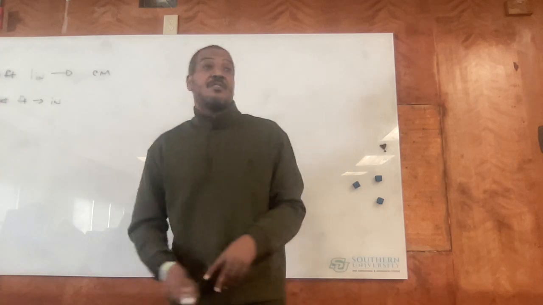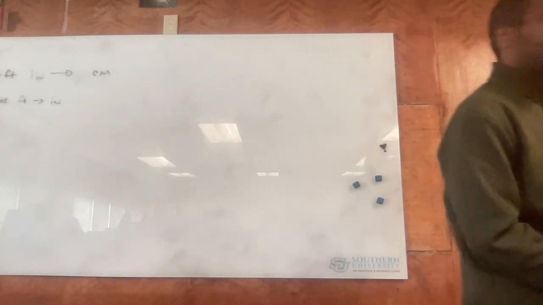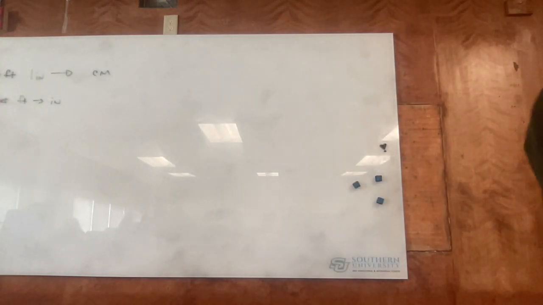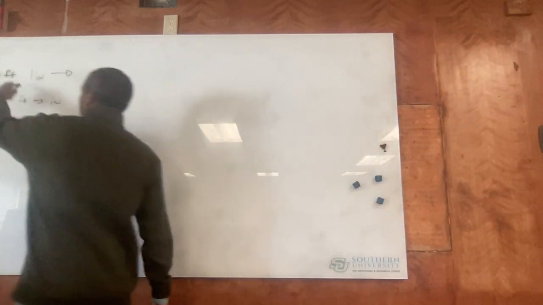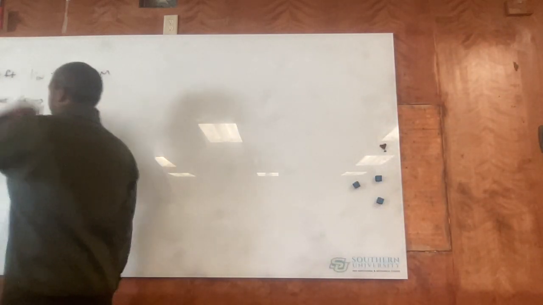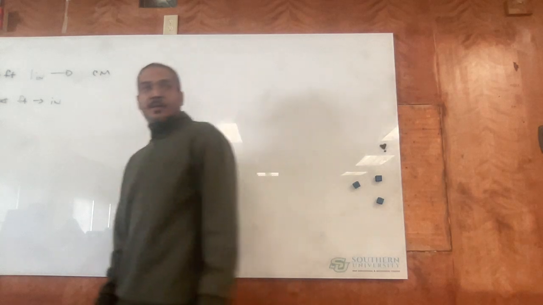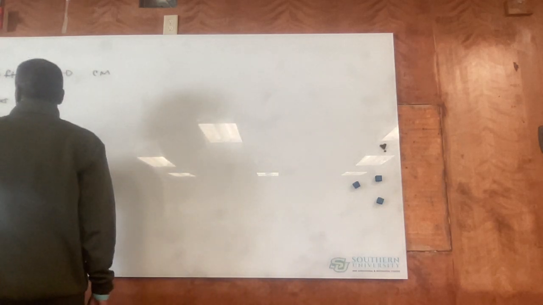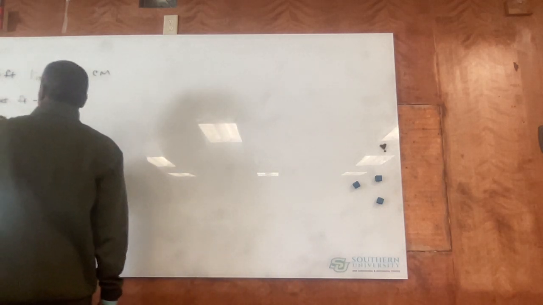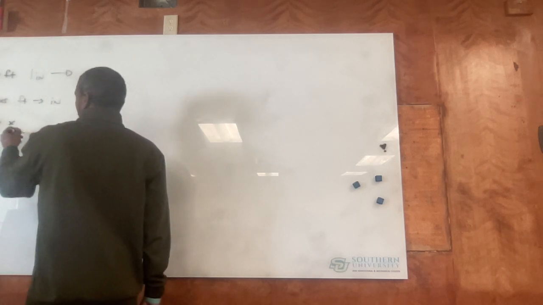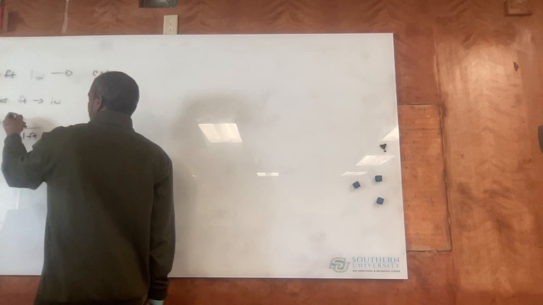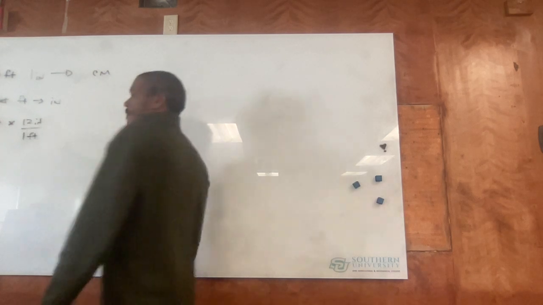It's mandatory actually because in order for us to convert it, we have to put it all in one unit. So we converted the feet into inches, and we did that by doing what? 6 feet, and 1 foot is 12 inches.